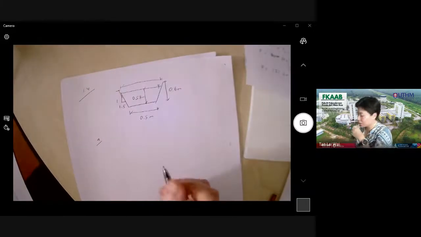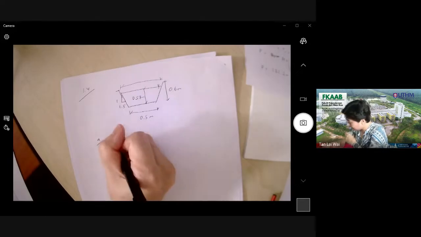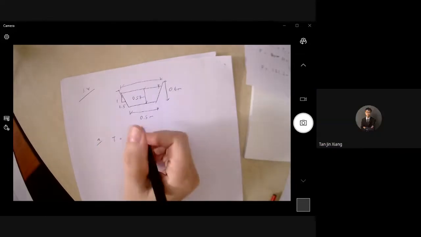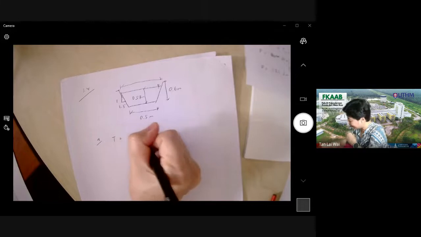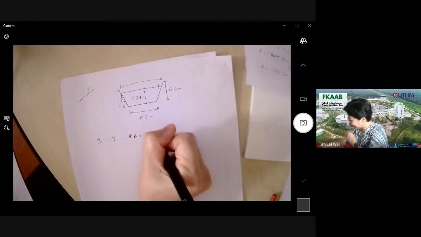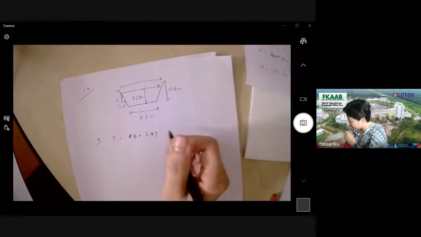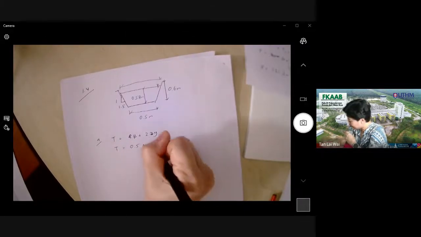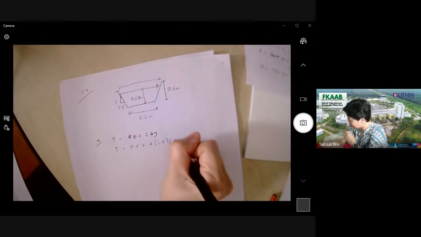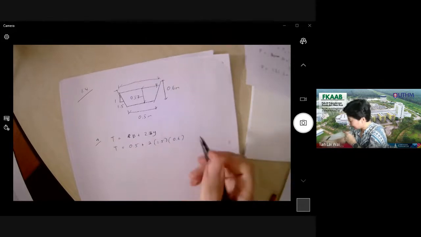Jin Xiang, can you give me the top width? T equals to 2zy plus b. Okay. All right. T equals to 2zy plus b. So, am I right?